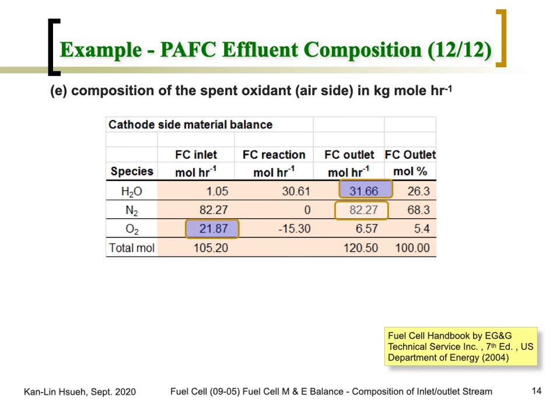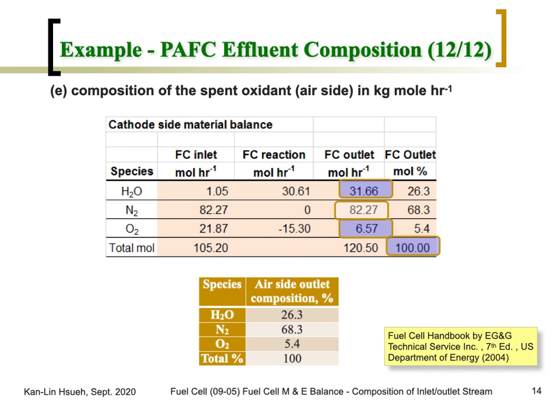The oxygen is consumed, so its number is reduced. Adding all these numbers up, the total molar flow rate is 120.5 mole per hour. Based on that, we can calculate the molar percentage composition on the air side, as given here.